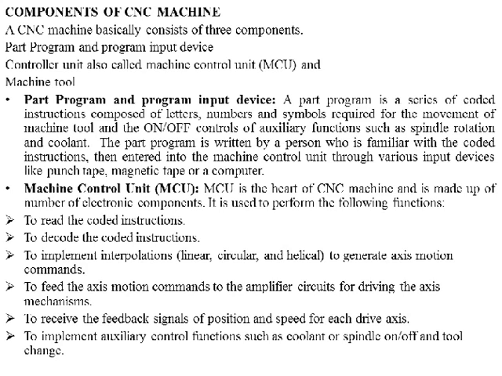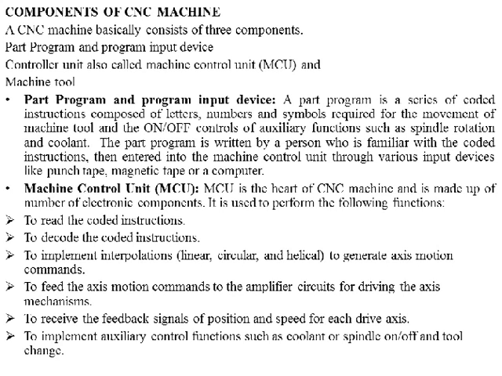The second component is a machine control unit. Machine control unit or MCU is the heart of a CNC machine. It is made up of a number of electronic components. These electronic components are used to perform various functions. They are used to read the coded instructions, to decode the coded instructions, and to implement the interpolations such as linear, circular and helical to generate the axis motion.